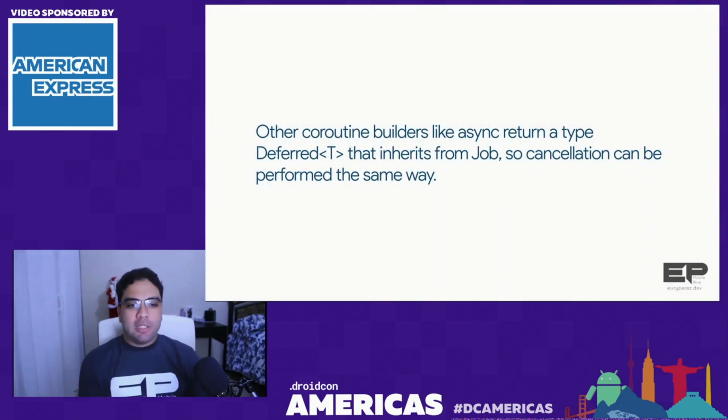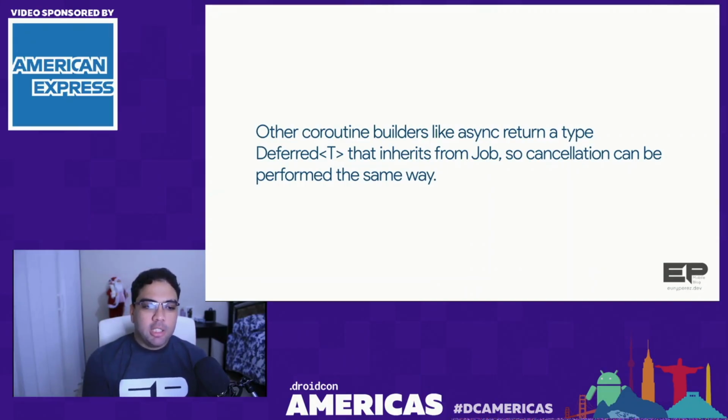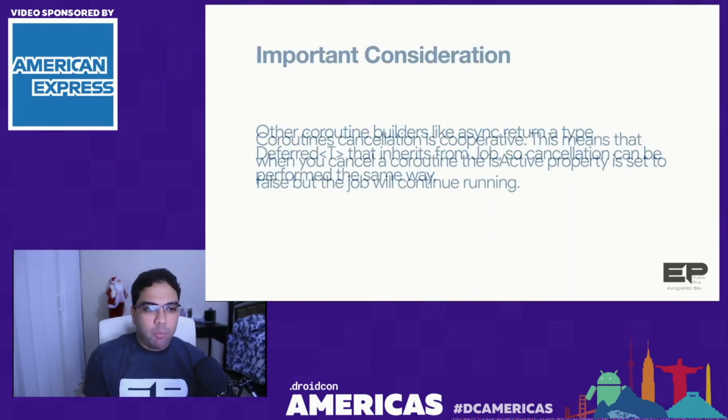Other coroutine builders like async return a type Deferred of T that inherits from Job. So Deferred is a child of the Job class, and the cancel function will be there also if you use the async coroutine builder or any other builder that returns a Deferred. So cancellation can be performed the same way.